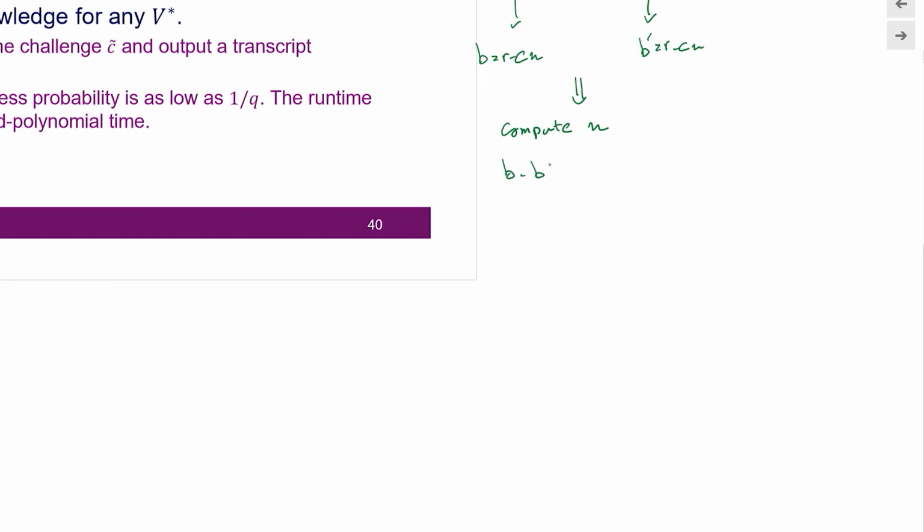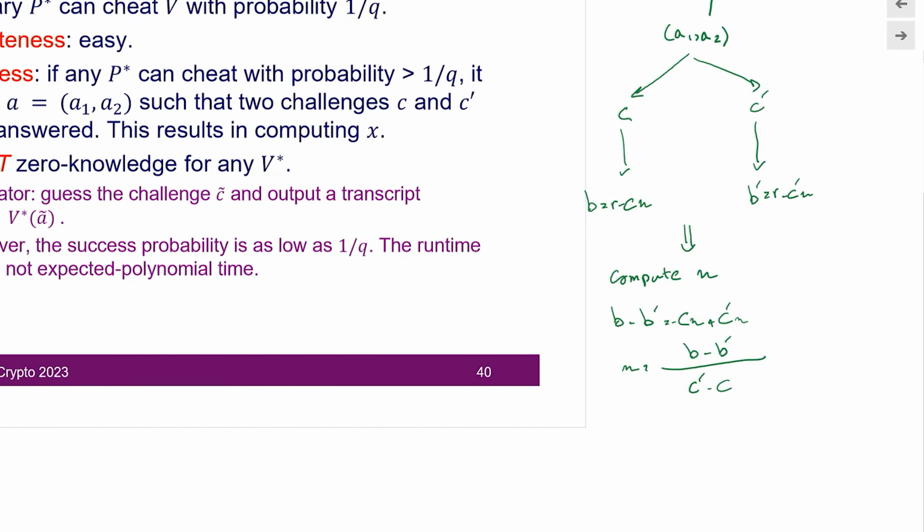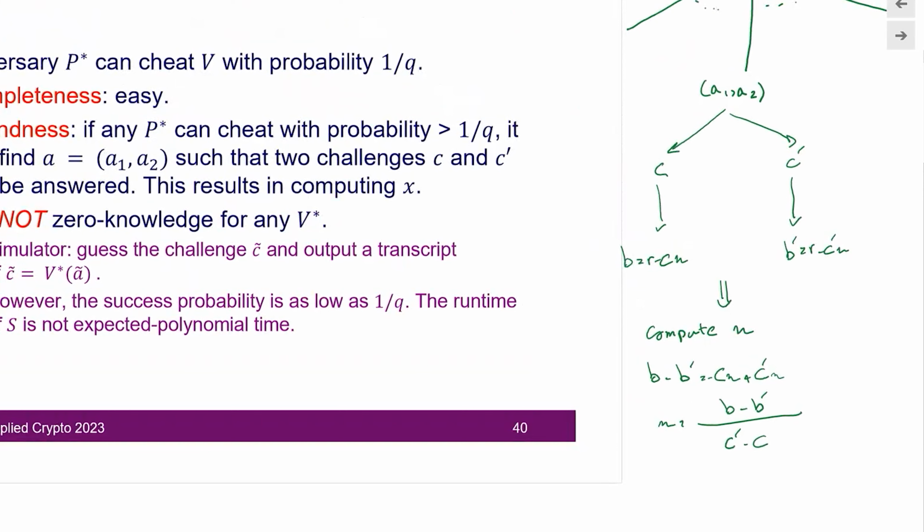If we subtract both sides, we get X equals B minus B prime over C prime minus C. So it is not possible for somebody to cheat with probability more than 1 over q.